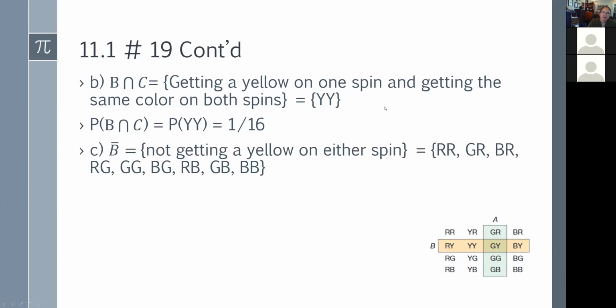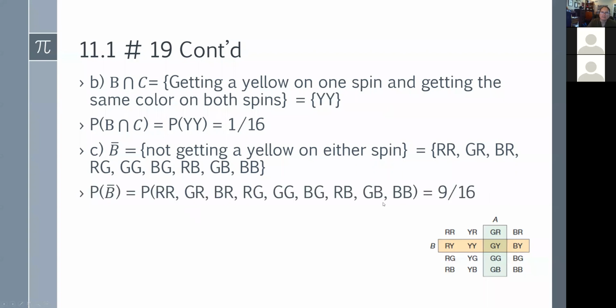Part C, B complement. So B was getting a yellow on a spin. The complement of that would be not getting yellow on either spin. So I've listed out the ways of not getting yellow on either spin. And its probability is 9/16 because there's 9 outcomes in that event.